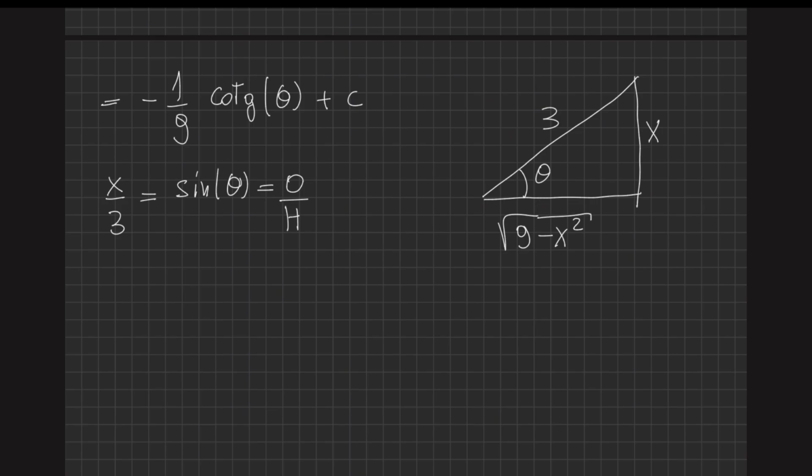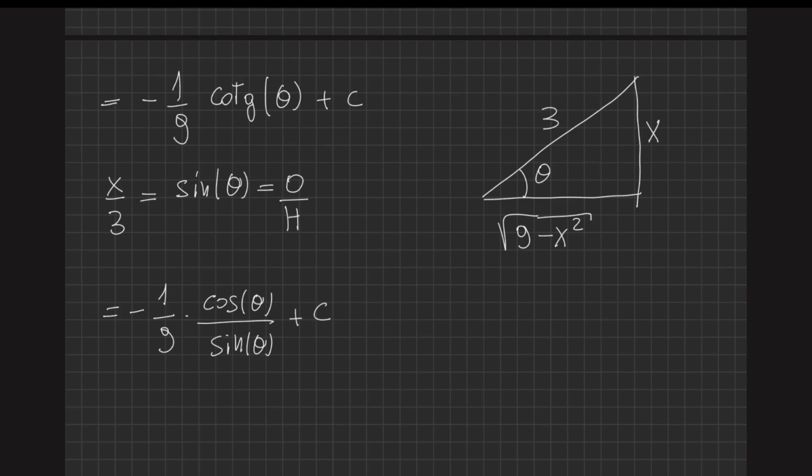And why is this helpful? Well, because here now you see you have the cotangent, and the cotangent is equal to the cosine over the sine. So this is 1 over 9 times the cosine of theta over the sine of theta plus a constant.